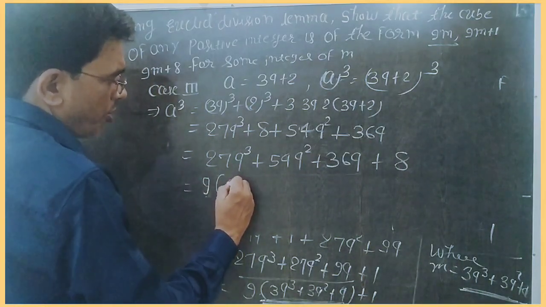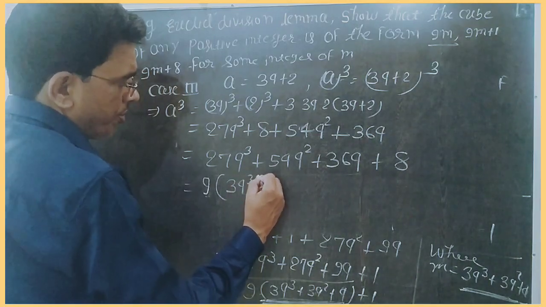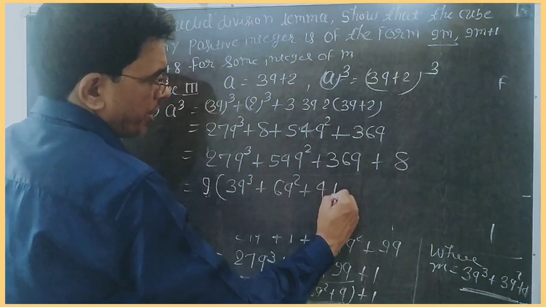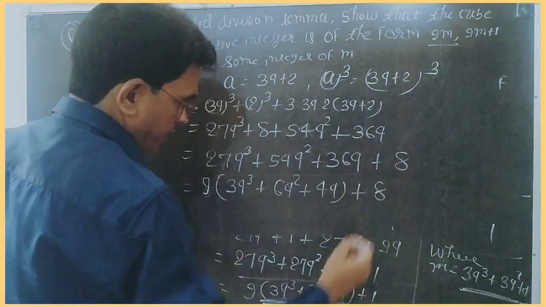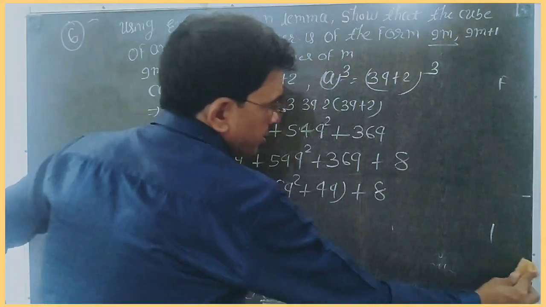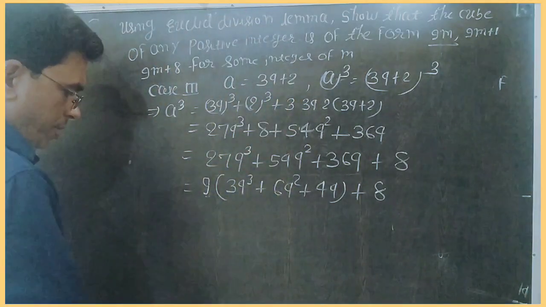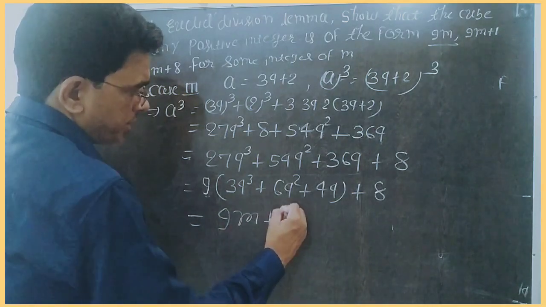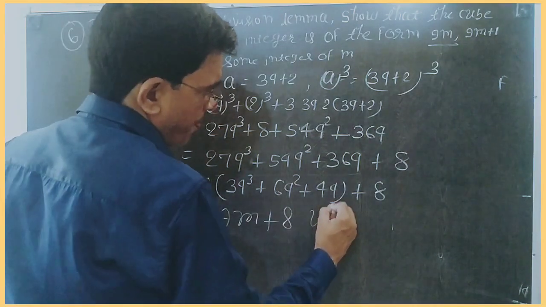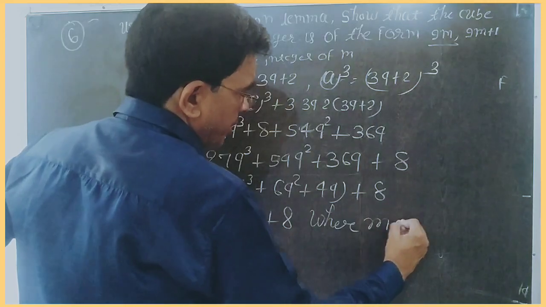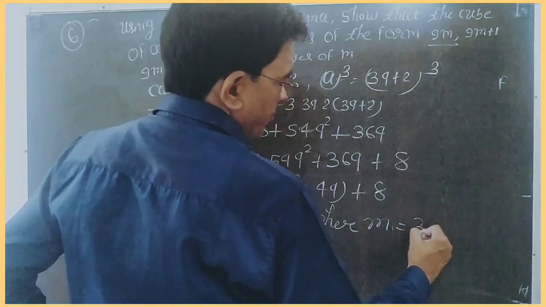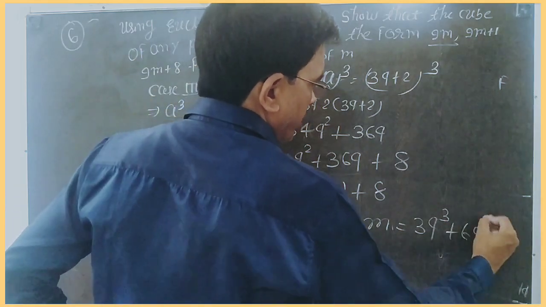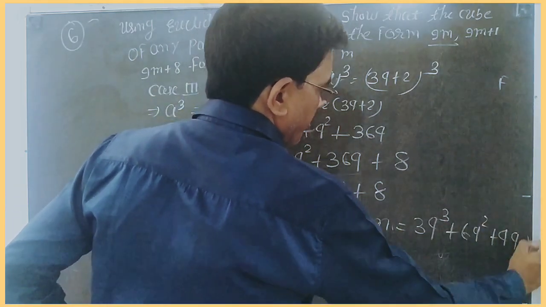When you take 9 as common, then it is 3q cube plus 6q square plus 4q, and plus 8. Hence you write it is 9m plus 8, where m is equal to 3q cube plus 6q square plus 4q.